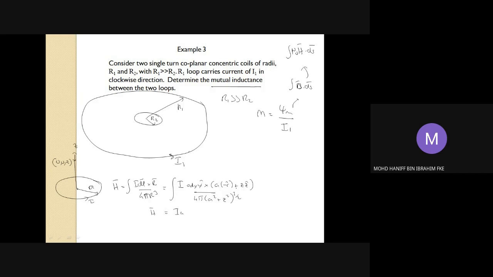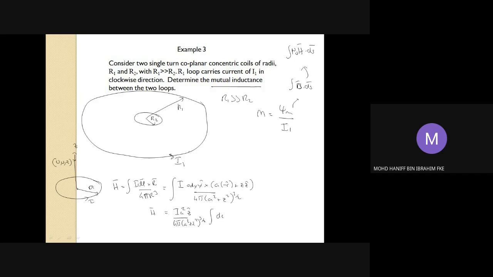Based on the cross product, we cancel out the negative R component, and we just have the Z component in the answer. So we have A squared direction of Z, divided by 4 pi A squared plus Z squared to the power of 3 over 2.